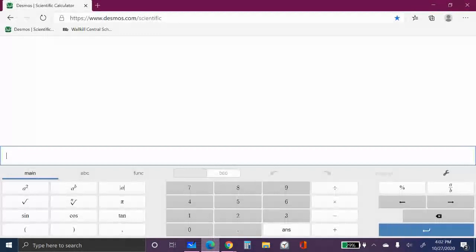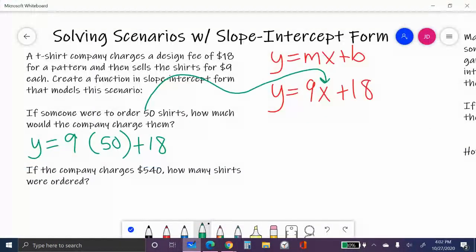Okay, so we go to our calculator. 9 times 50 plus 18. It is $468. All right, and that would be how much 50 shirts cost.